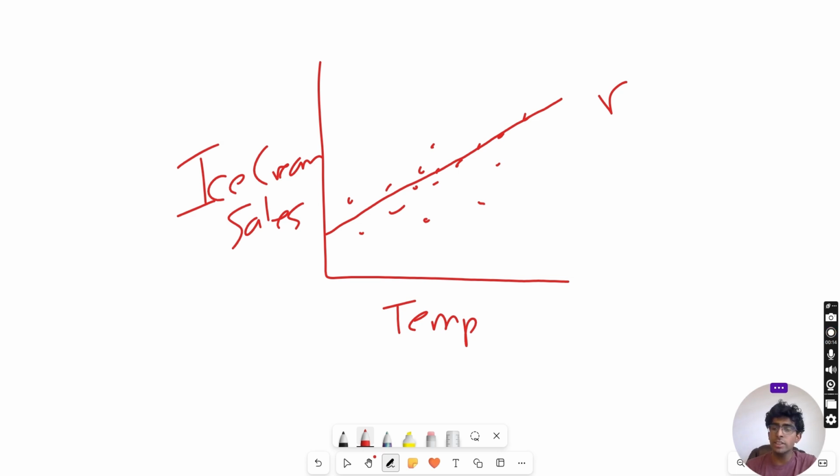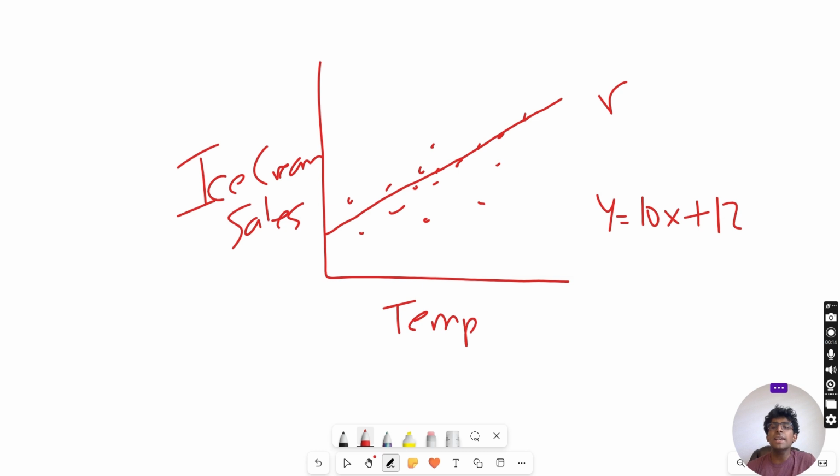So just out of randomness, let's say we got our best fit line as y equals 10x plus 12. Let's just say that. It's a bit of a crazy example, but let's say that we want to figure out how many ice creams are sold when the temperature is 70 degrees.